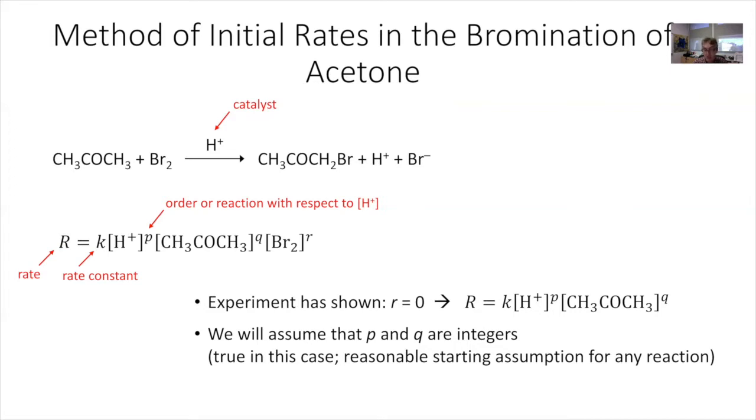So we're going to begin with that assumption, and our time only allows us to proceed with that assumption. It's a reasonable starting assumption for any reaction. So you will assume that P and Q are integers. What you need to determine are the rate constant K and the orders of reaction P and Q.